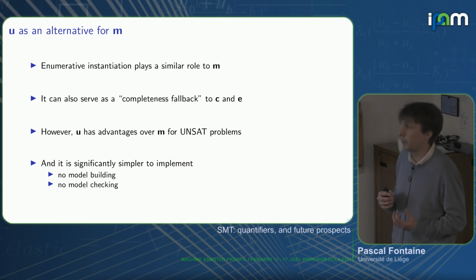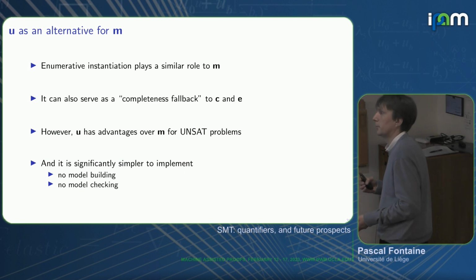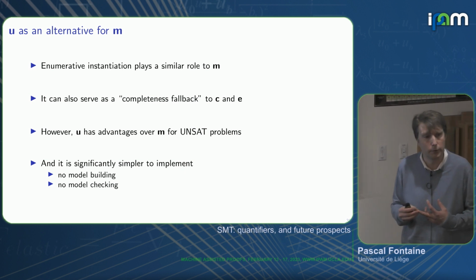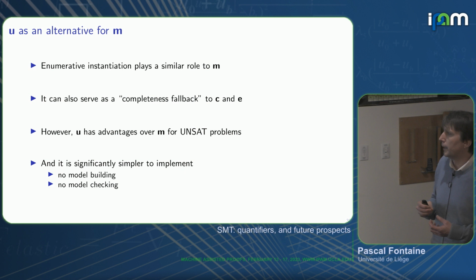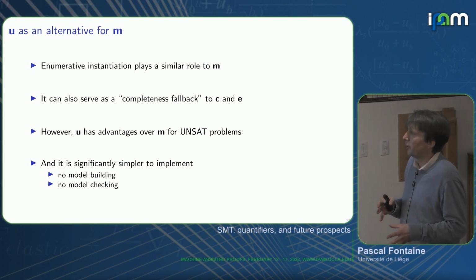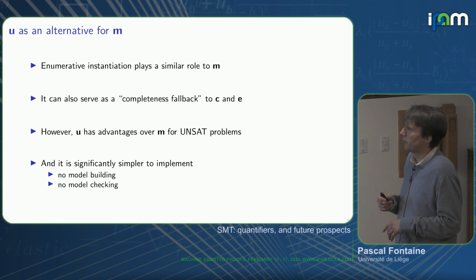They were working quite well, but they were incomplete. Model-based quantifier instantiation, as well as enumerative instantiation, makes the system complete for pure first-order logic. Enumerative instantiation has some advantages over model-based quantifier instantiation for unsatisfiable problems, and it's significantly simpler to implement.